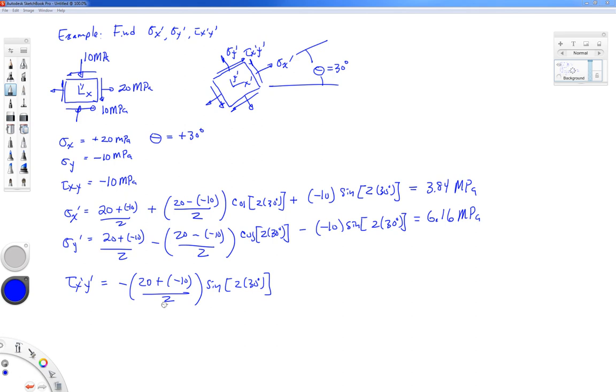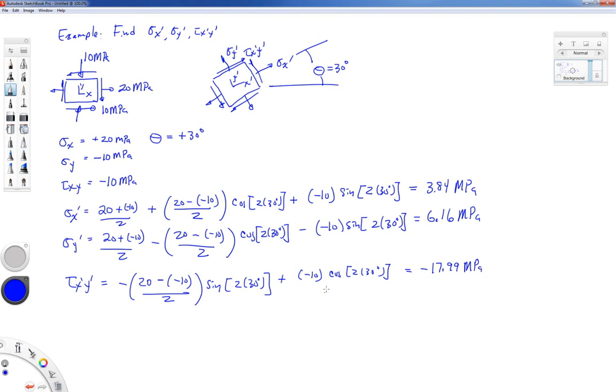Here we have minus sigma x, and this should be inside this quantity, negative of the quantity, sigma x minus sigma y over 2 sine 2 theta. And then we have plus tau xy, which is minus 10 times the cosine of 2 times 30 degrees. And when I put all those numbers together, I get negative 17.99 megapascals.